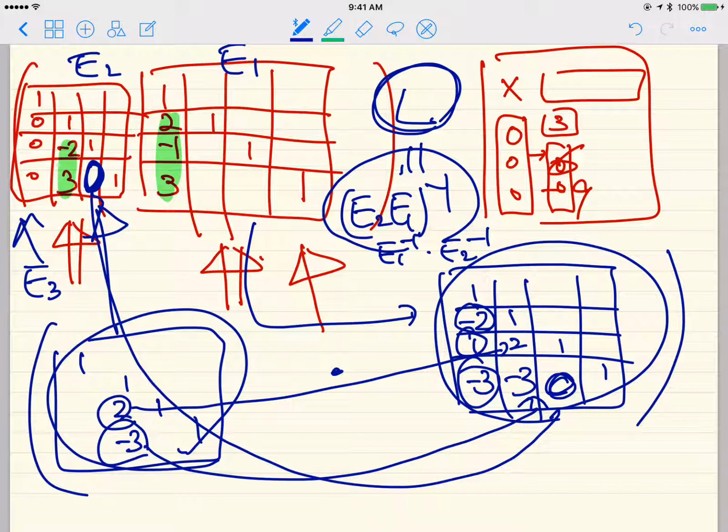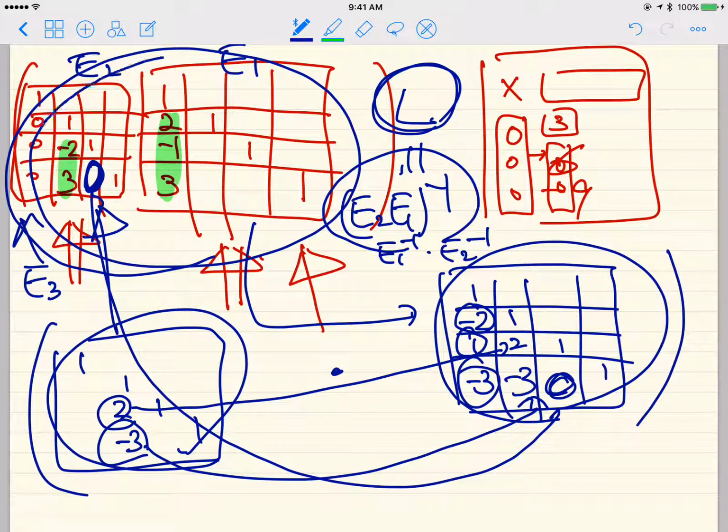So suddenly we now obtain the matrix L, which is a lower triangular matrix, and also the inverse of the whole process that we did here.